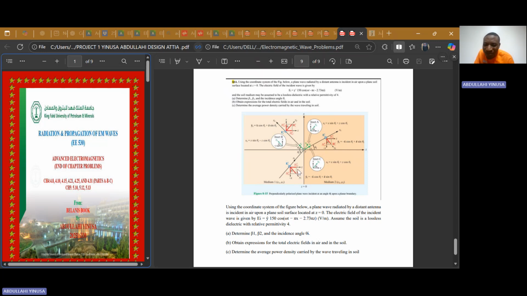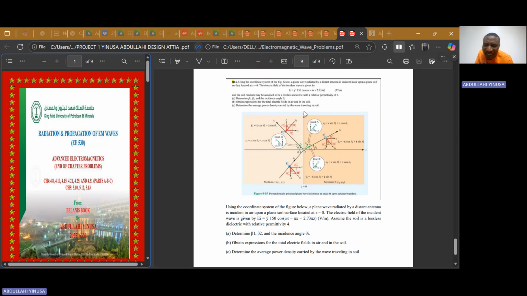Then you are going to multiply it by the unit vector, which is going to be in the x-axis and z-axis. You assume that the distance is in the positive direction. Then you take ax and az, multiply by the unit vector, and divide by the wave impedance. As simple as that.